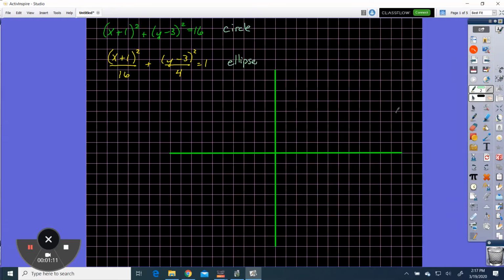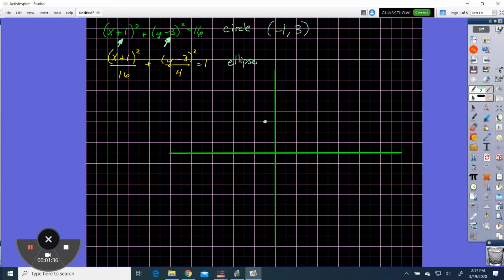So there's my graph, my grid, my coordinate x and y axis. So the center of this circle is just opposite of these. So my center is at -1, +3. So I come over here, -1, +3. That's the center. So it's always backwards of these numbers in here. And the one with the y goes with the y. The one with the x goes with the x. So -1, 3 is my center.